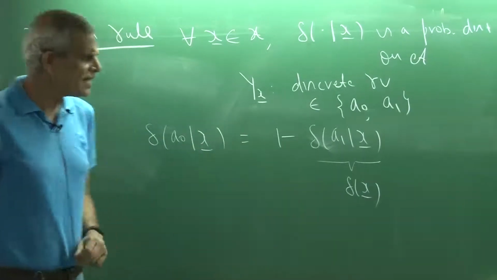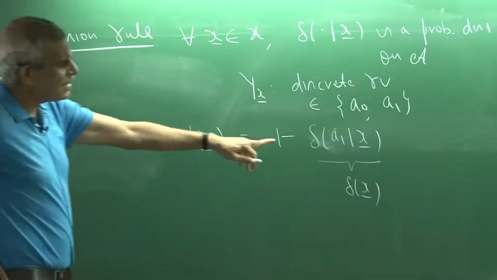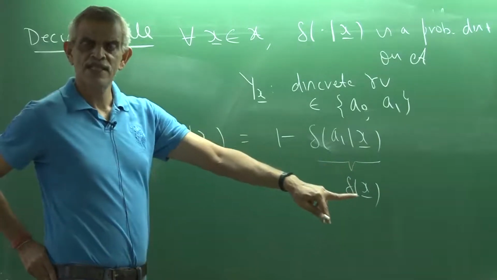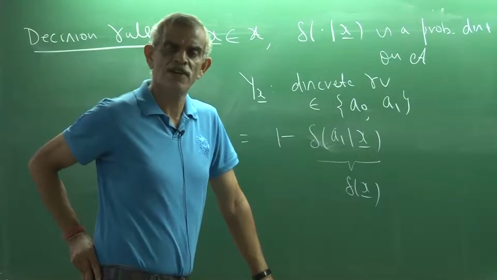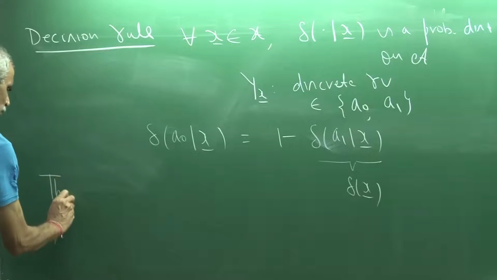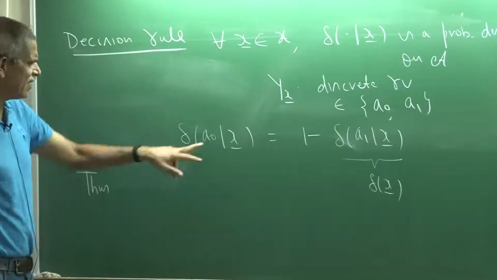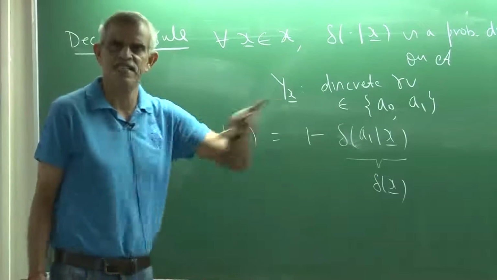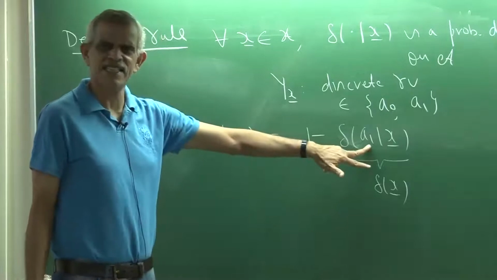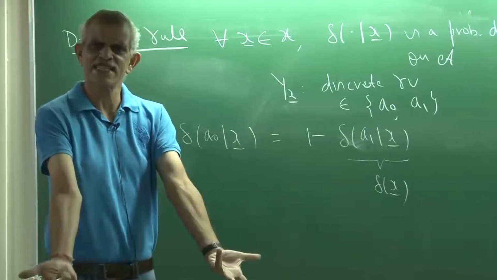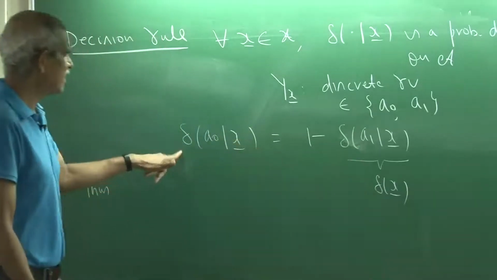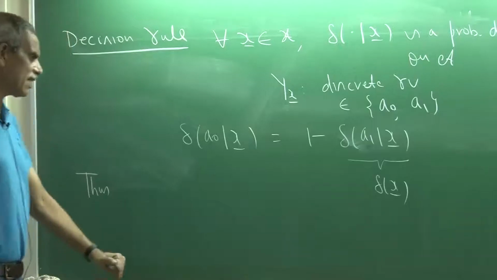So what it says is, I can describe any decision rule by a function delta from sample space to 0, 1 such that delta represents the probability of taking xn a1. Since the two are related, I just describe one of them, which is taking xn a1 through delta x, and I call that a decision rule because then I know that delta a1 given x is same as delta x and delta of a0 given x is same as 1 minus delta x.